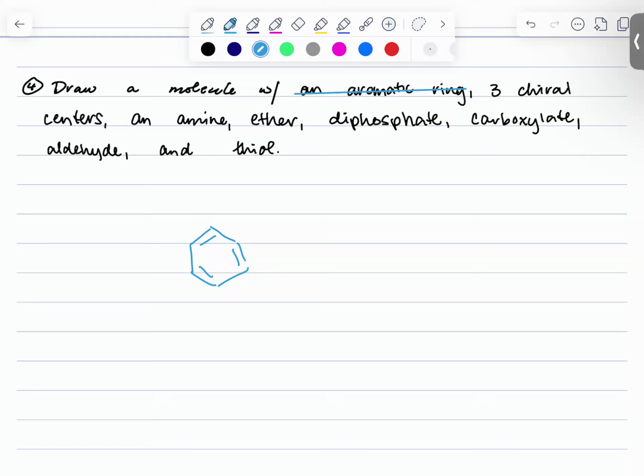I'm going to leave the chiral centers to the end, and I'm going to start plugging in different functional groups. So I can start with an ether. And then why don't I keep going with that and do our phosphate groups? So that's ether done, diphosphate done.